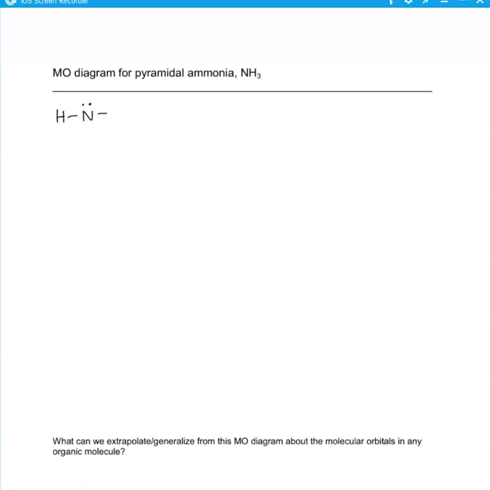So ammonia is NH3. So here's a Lewis structure for it. We're specifying pyramidal so that we know what the geometry is, and that in turn is going to tell us which orbitals to use. Now, pyramidal in this context is referring to the molecular geometry. The molecular geometry is the shape that we get when we're only looking at the atoms.